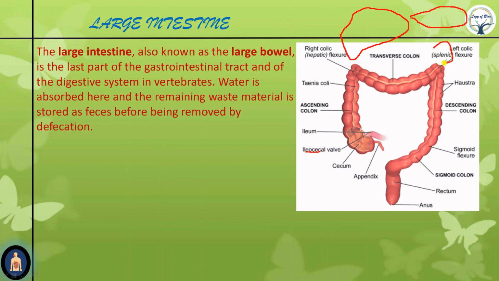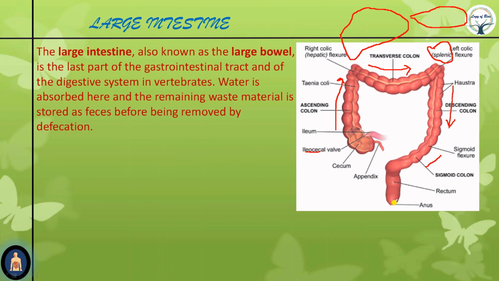Here the organ known as spleen stays. And the colon, these are the colons. They are named ascending colon. This is ascending because it is going up. Then transverse, this is transverse. Then descending, because it is descending. Sigmoid. Finally rectum is the storage place of stool, and finally the egestion place is anus.